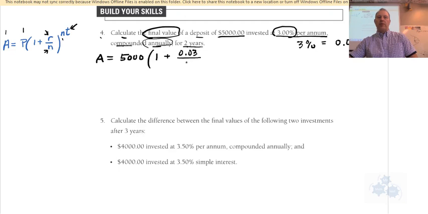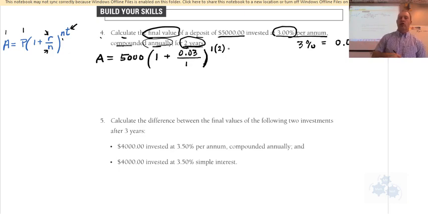Once per year. And you put your brackets. So again, that's 1 time per year times, what's the term? Term is how many years you're going to do this for. So the term is 2 years. Okay? Everyone good with that so far? So that's how we plug that in.